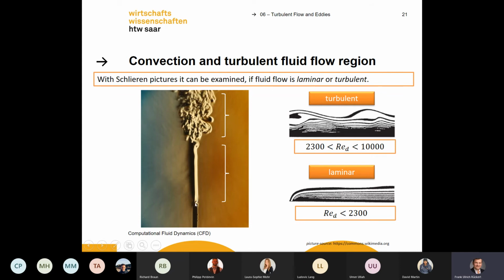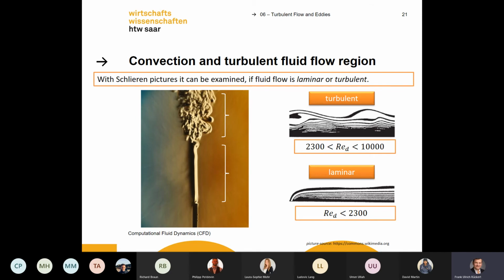The air gets hot here, and at first you have a big laminar region where the fluid rises, and after some time the fluid gets swirly and turbulent. In the turbulent region we have Reynolds numbers bigger than 2320, and they can be much bigger. This 10,000 is not really true, the Reynolds number can be pretty much bigger. And in the laminar region, we are lower than 2320.